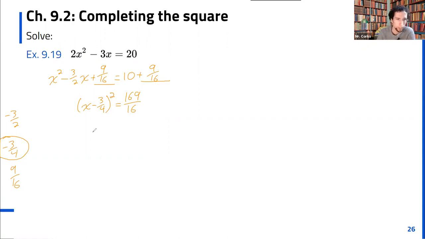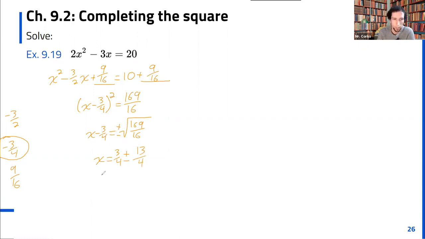The square root of that is going to work out pretty nicely for us. 3 over 4, and square root of this, 169 over 16, plus minus. What is that? The square root of 169 over 16 is 13 over 4. So 3 over 4 plus minus 13 over 4.